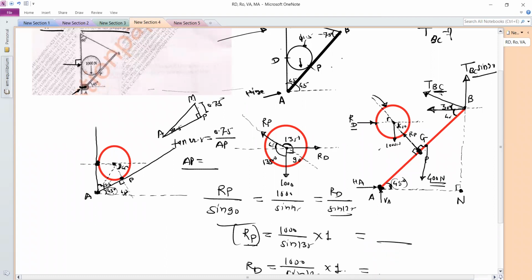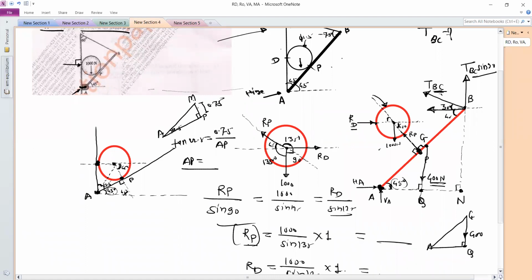Okay. Similarly, for this 400 Newton, distance is not given. So extend this. So let us take this point Q. Okay. So AQ is the perpendicular distance for this 400 Newton. So how you can find out this? G is the center of gravity. So AG, consider this triangle. This is A, this is G, and this is your Q point, and this is the force, which is 400.